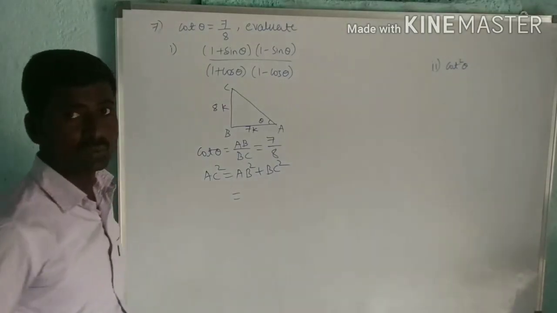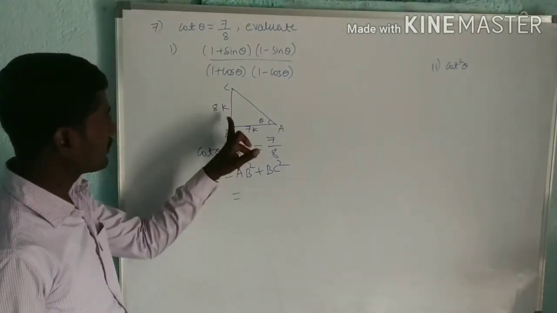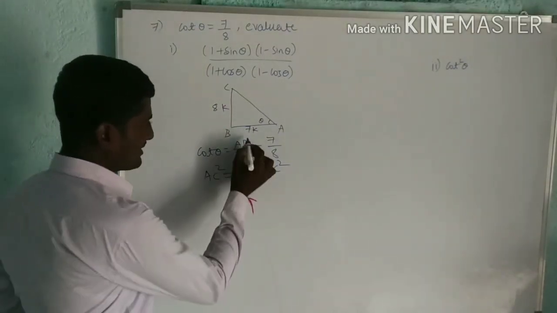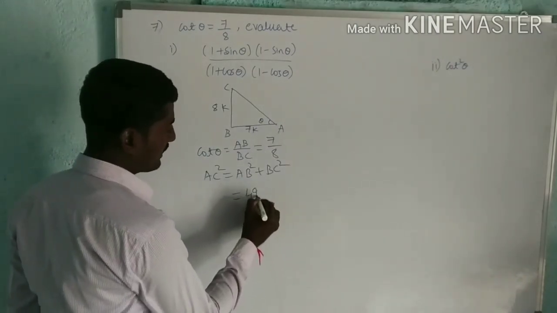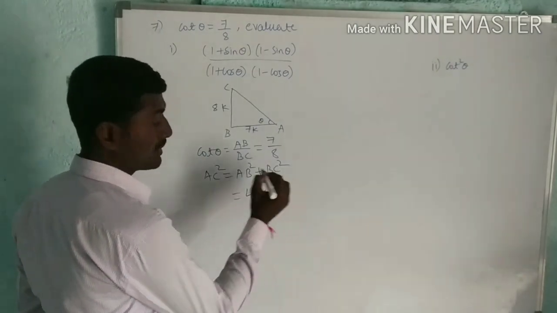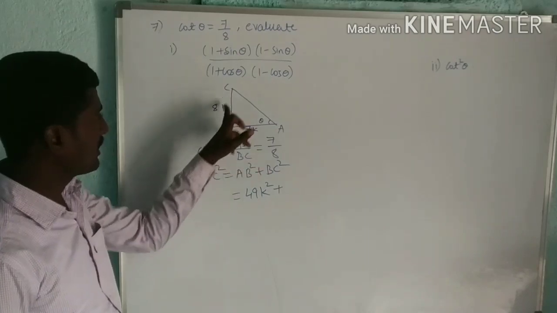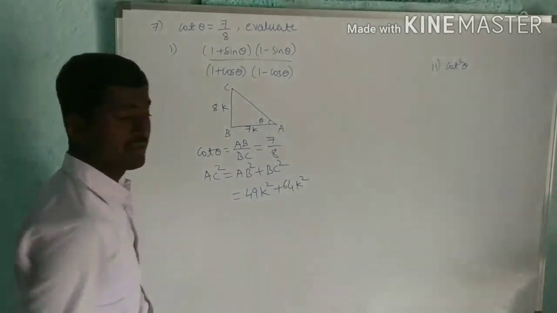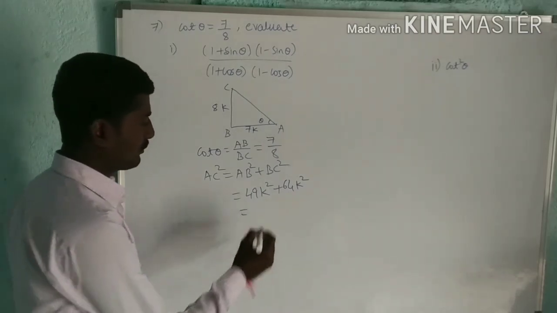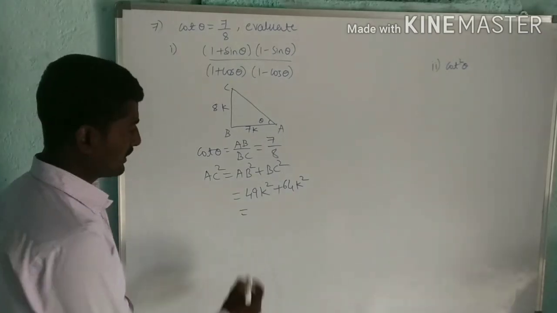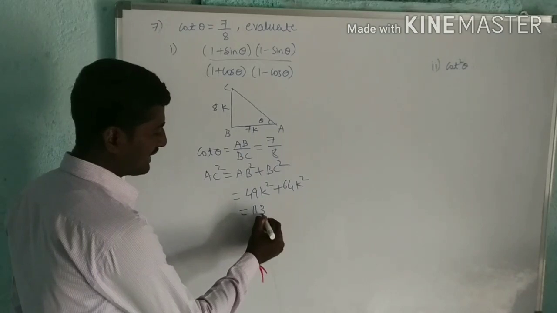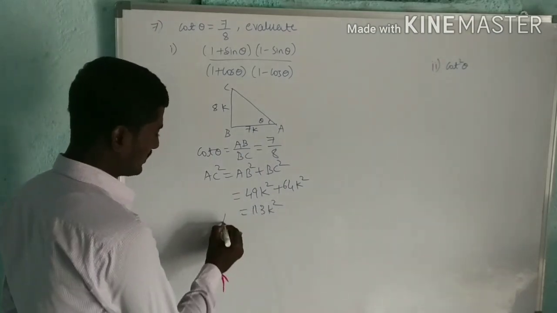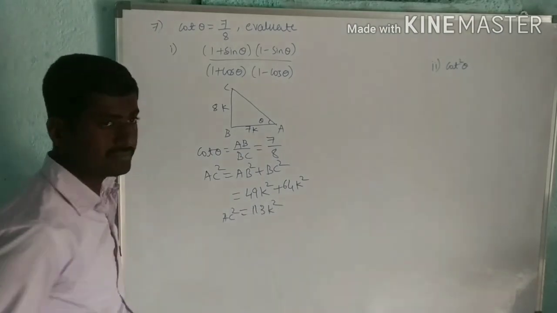AB square is 7 square, that is 49k square, plus BC square, 8 square, 64k square. Now this is equal to 49 plus 64, that is 113k square. So this is AC square.